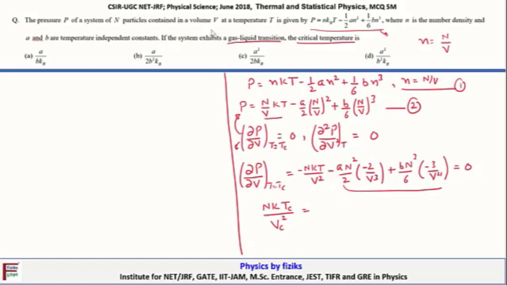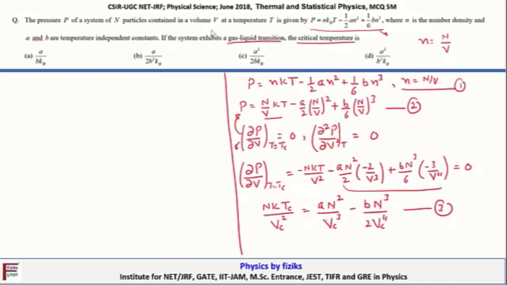So this equals A N squared upon Vc cubed minus B N cubed upon 2Vc to the power 4. Let's call this equation 3.